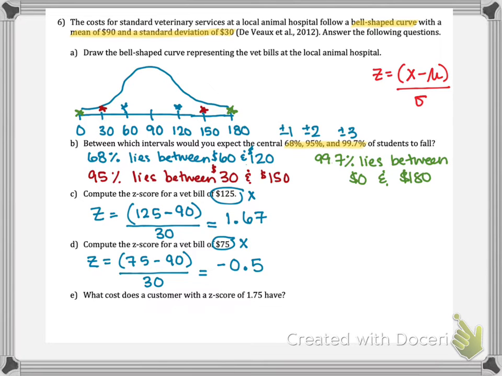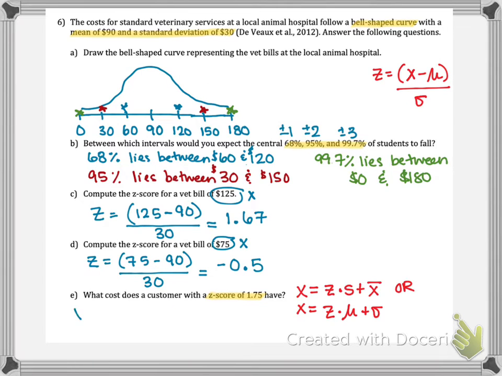All right, this final question says, what cost does a customer with a z-score of 1.75 have? So this is actually a little bit different. They give me my z-score and ask me to find x. We had an equation. It looked like this: x equals z times s plus x bar, or x equals z times sigma plus mu, depending on if you use the Greek or the Latin letters to represent that.